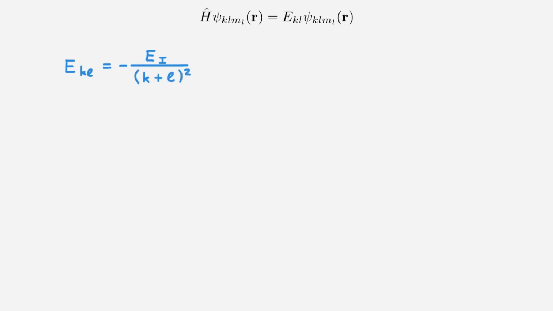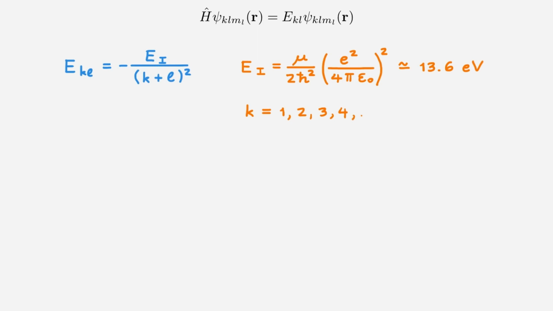Remember also that the ionization energy EI is given by this expression in terms of the reduced mass mu and a number of fundamental constants, and that its numerical value is 13.6 electron volts, and that's the kind of number that you probably want to remember. Additionally, remember that k can only take positive integer values and that L can only take non-negative integer values.